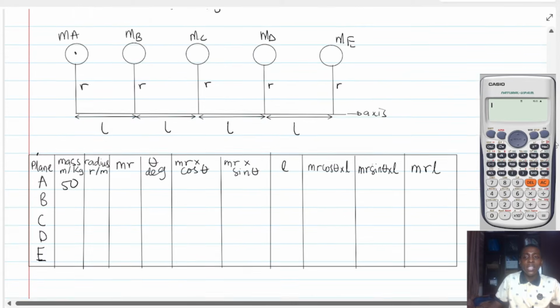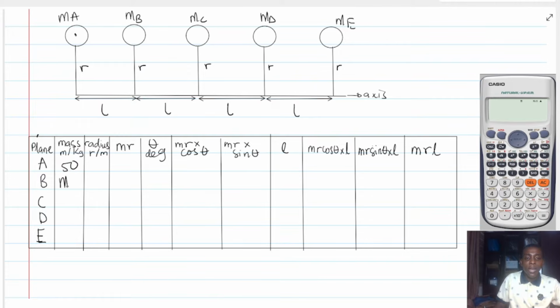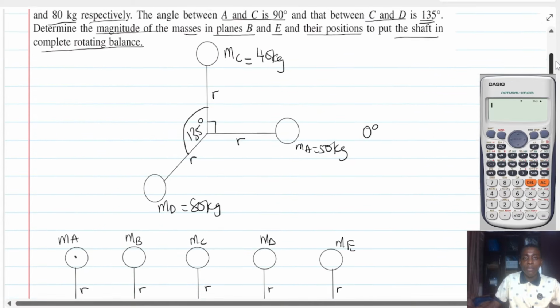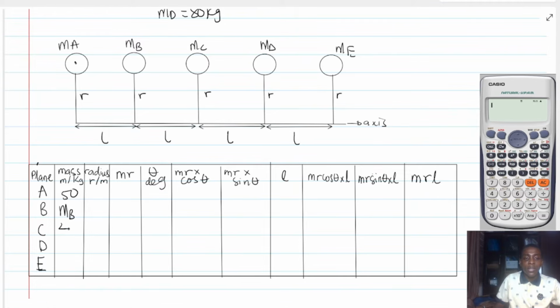And then mass B, we don't know, so let me call that MB. Mass C, we know. It's actually 40. Is that right? C is 40. And mass D is 80. E, we don't know.